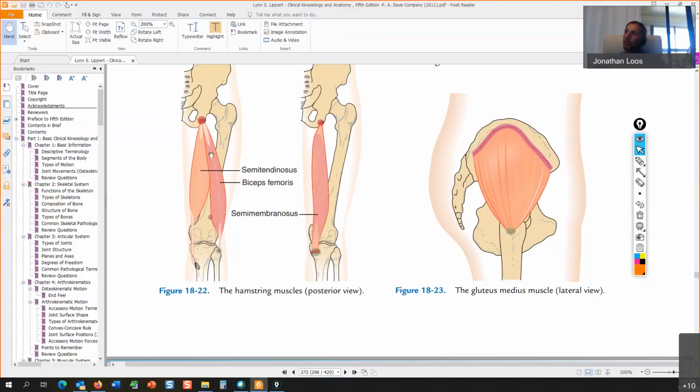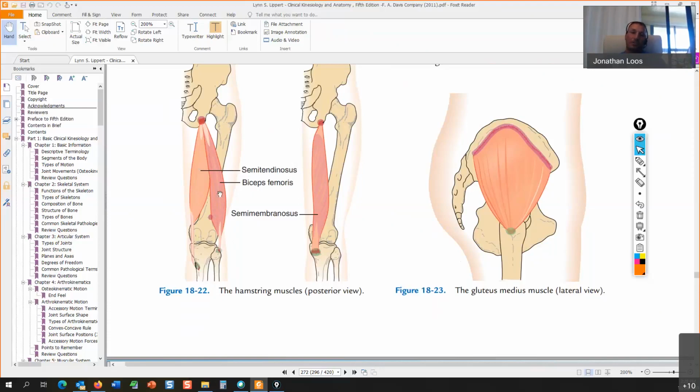The semimembranosus, right here, this is the more medial, so always think membranosus M, the medial of the two muscles. It is the flatter of the two, but it attaches down here towards the posterior aspect of the tibia. And then right here you have your biceps femoris, and it is like the biceps brachii, but now it's the biceps of the leg.